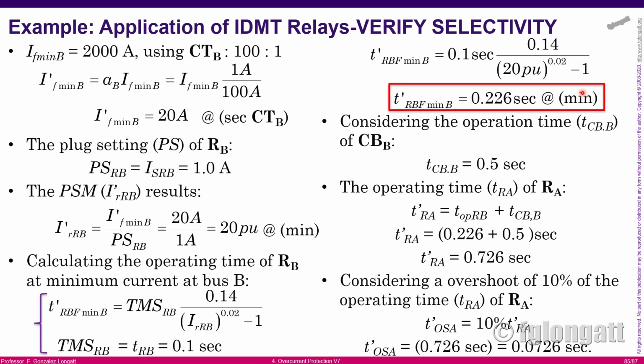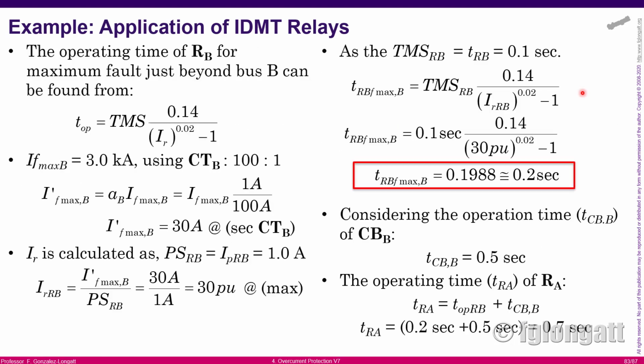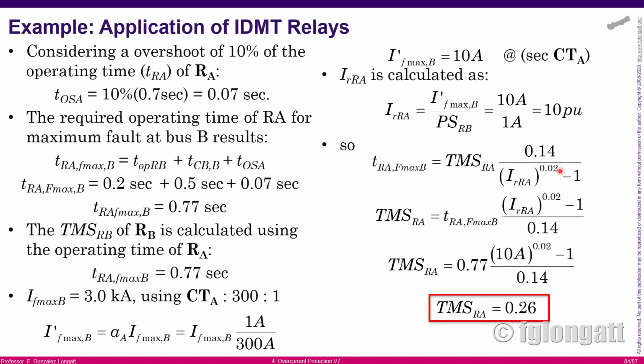What is the interesting thing? For minimum short circuit levels, we get an operating time of 0.26 seconds, okay? If we compare with maximum current, if we are using the maximum current, the operating time is 0.2 seconds.